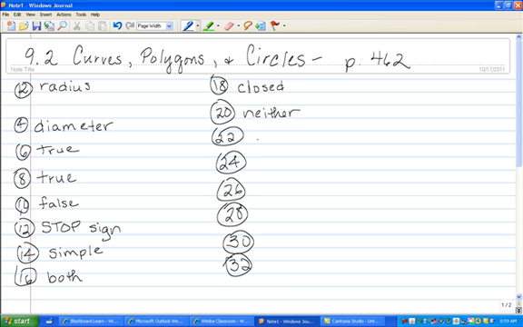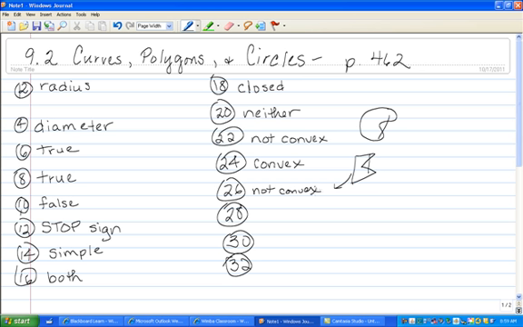So it turns out 22 is not convex, and that's because you can see we go outside it. 24 is convex. 26 is not convex again, so it goes with this one.